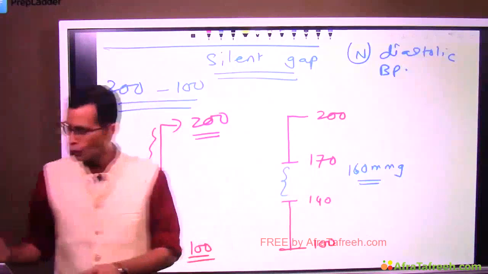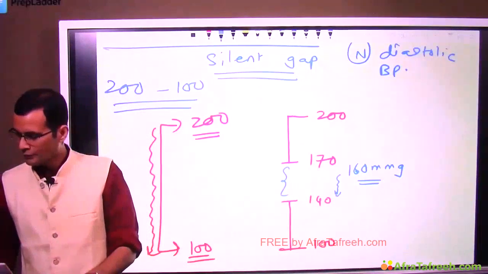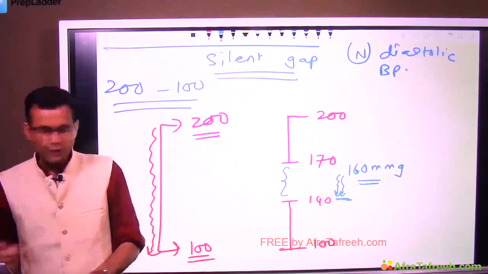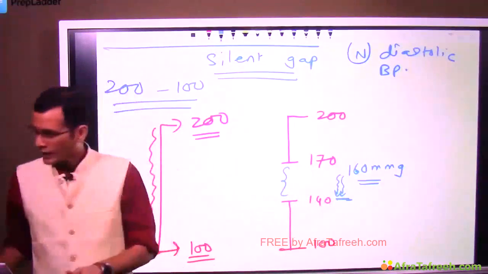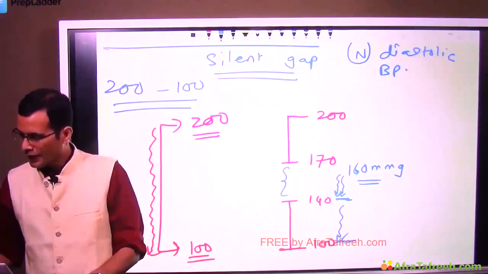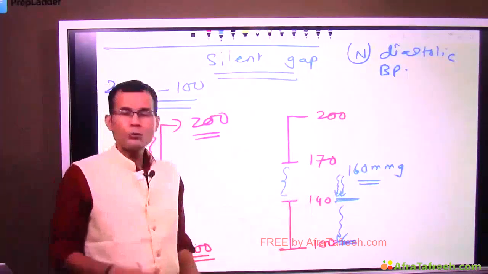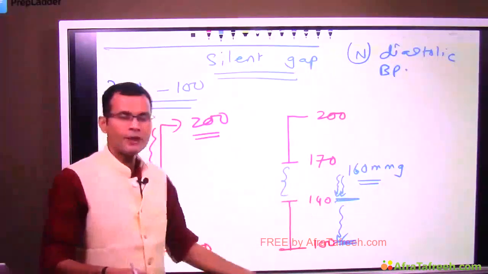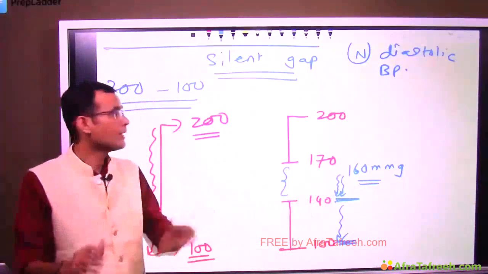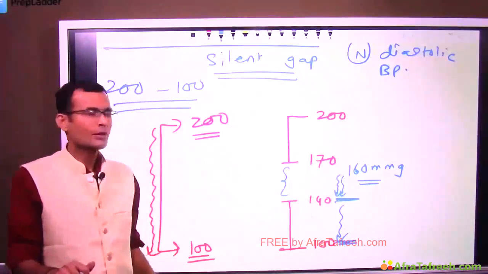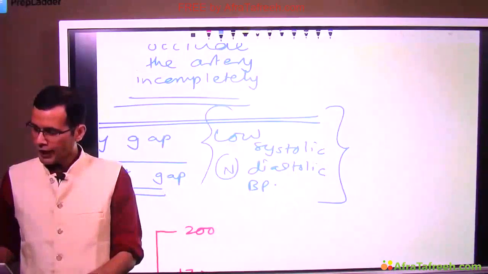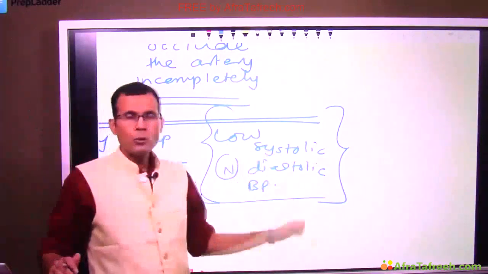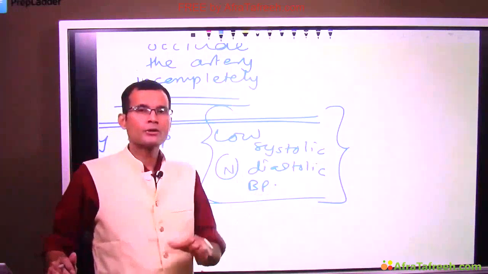So when you start lowering the pressure, cuff pressure, first sound will appear at 140 and the sound will disappear at 100. So you will note down his blood pressure as 140 by 100, whereas actually it is 200 by 100. And therefore, in the conditions of auscultatory gap, you get a low systolic and normal diastolic blood pressure.